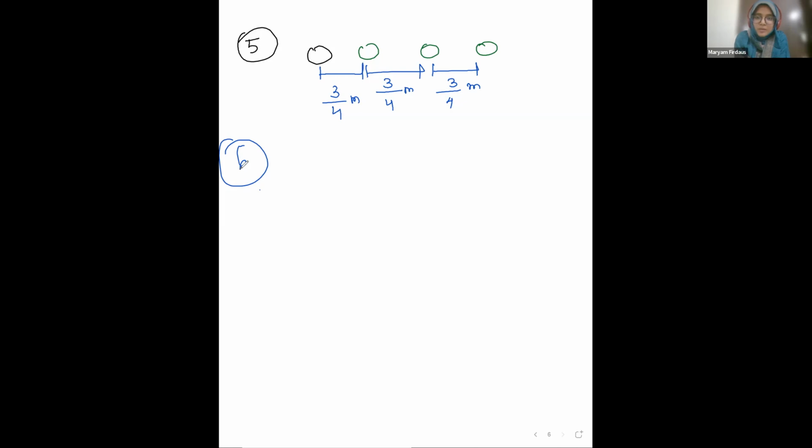Read the book for 1 3/4 hours every day. Okay, good. We will get 7/4 multiplied by 6, so we can cancel it, and then we can get 7 multiplied by 3/2, and then it will be 21/2. Very good.